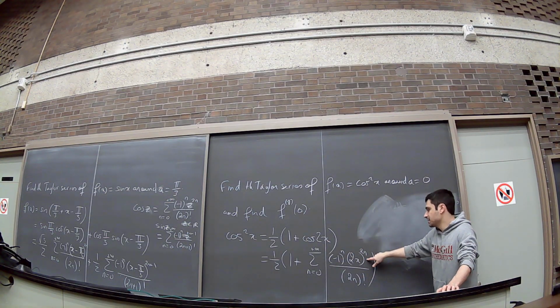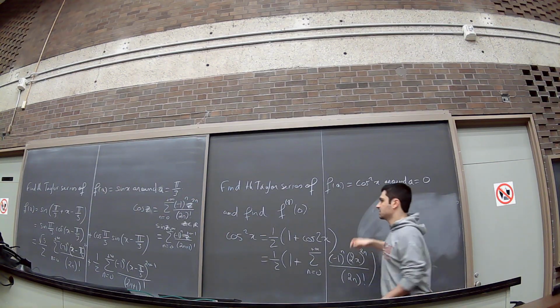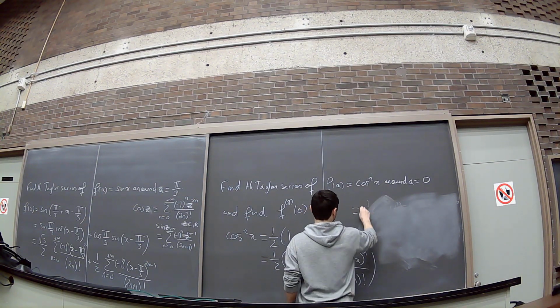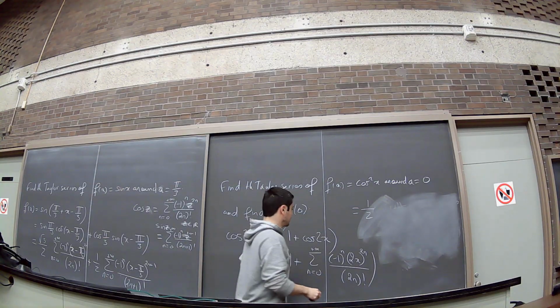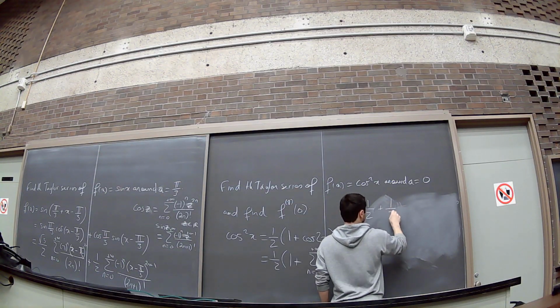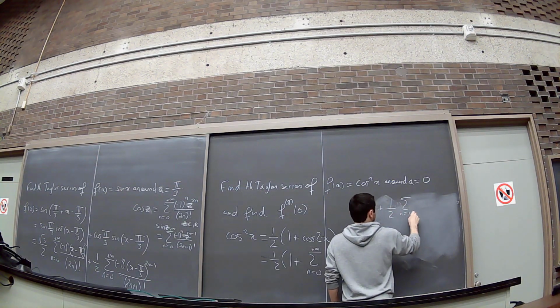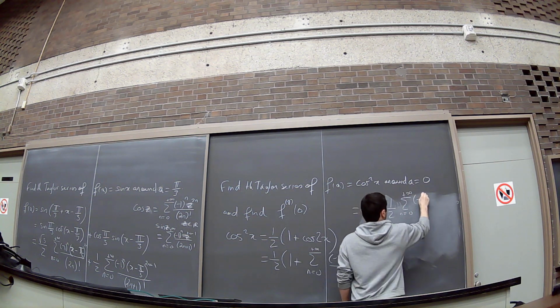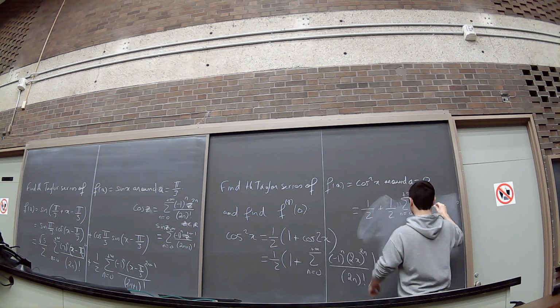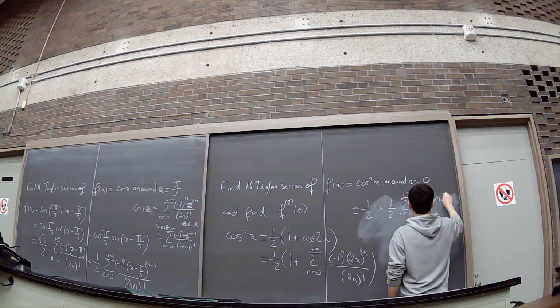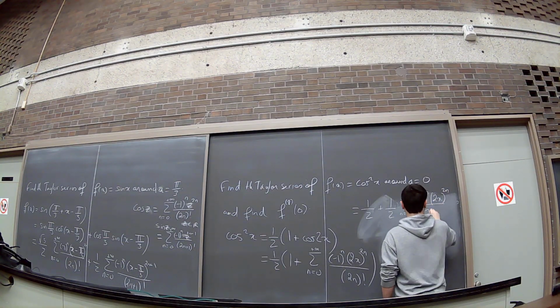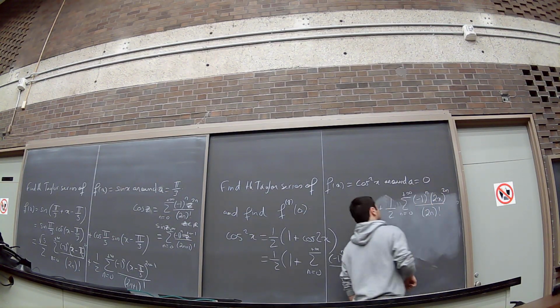Take n to the 0, what do you get? So let's rewrite this. This is a bit more interesting than the other one. This is 1/2 plus 1/2 sum of minus 1 to the n, 2x to the 2n over 2n factorial.